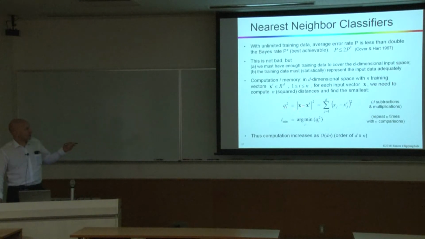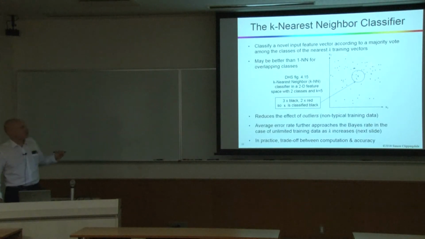That's a d-dimensional sum for each of the n training vectors. We have to repeat this n times and find the minimum. So this computation increases on the order of d times n, where d is the dimensionality of your space and n is the number of training samples you have. If d and n are both large, this could be bad news.